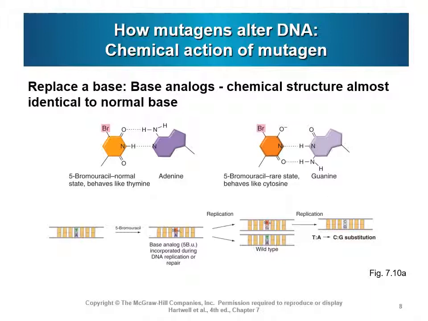When we have a replication process, and the transformation of bromouracil to its more rare deprotonated form takes place, then after replication we will end up having cytosine, because that's the complementary pair for guanine, and it will cause a thymine to cytosine point mutation. So that is one case of chemical mutagens.